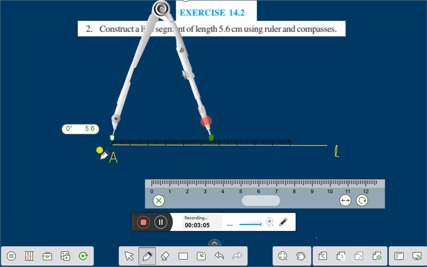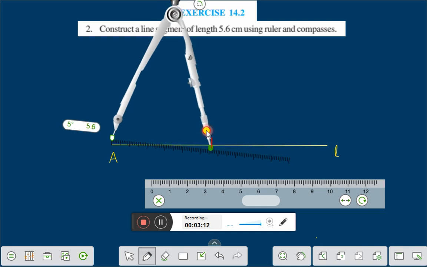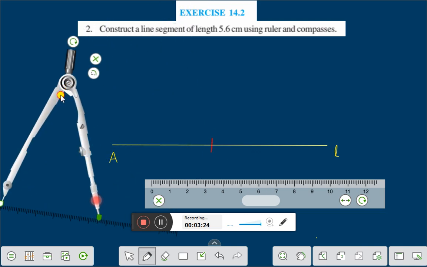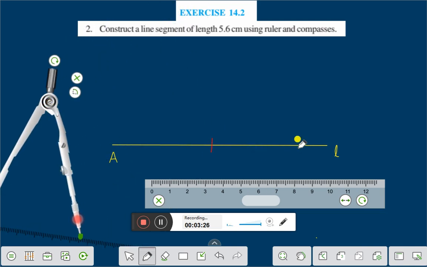Now if we make an arc here, it cuts the line here, right? Now if you give the name here B, then the length of the line segment AB will be 5.6 centimeter, right?